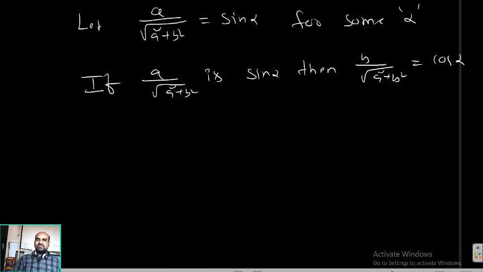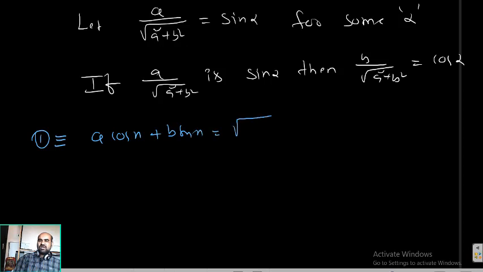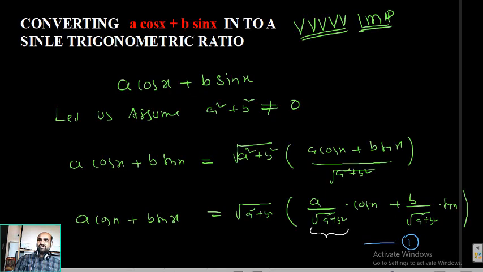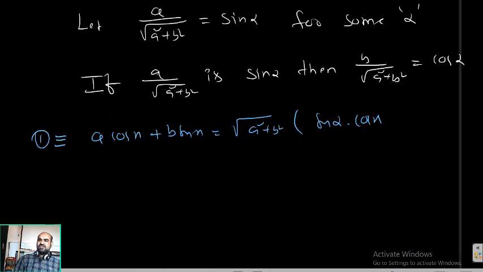Now 1 becomes a cos x plus b sin x equal to root over a square plus b square into sin alpha into cos x, where this is taken as sin alpha and the other becomes cos alpha, plus cos alpha into sin x.